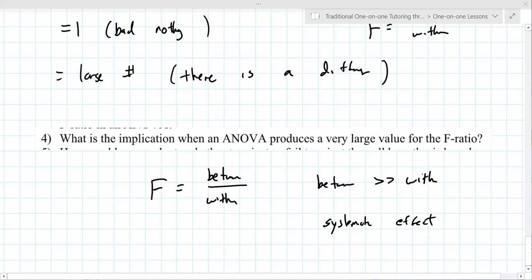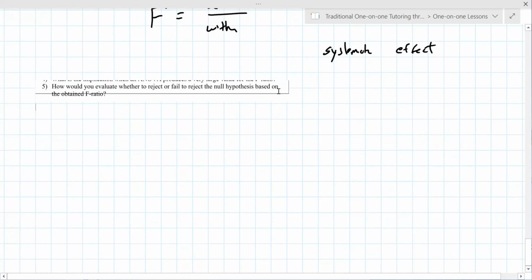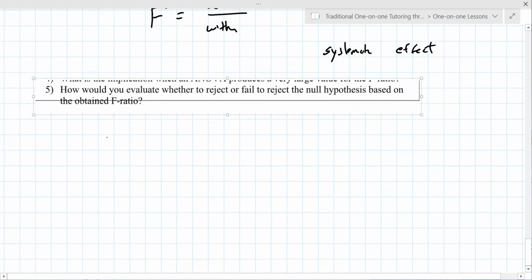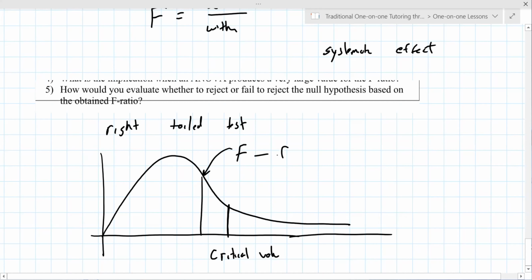All right, number 5. Yeah. Okay, so how would you evaluate whether to reject or fail to reject the null hypothesis based on the F ratio? So the F curve, this is always a right-tailed test. Your distribution curve looks like this. There's a critical value right here. If your F is here, then you fail to reject.